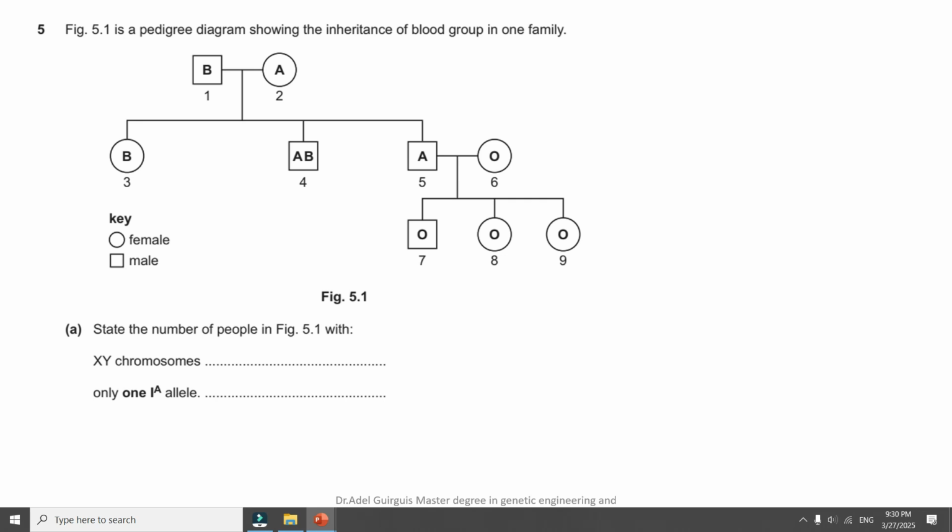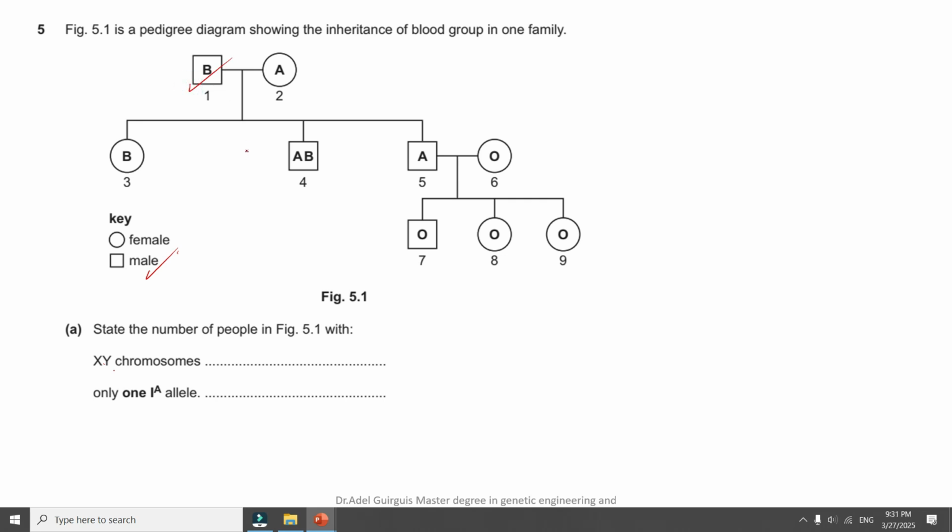This family pedigree. See the number of people in figure 5.1 with XY chromosomes. Here the male has XY chromosomes, the female has XX. He asked about XY chromosomes in this figure.